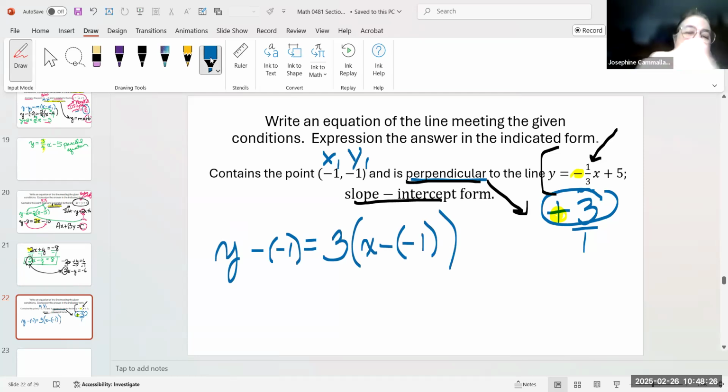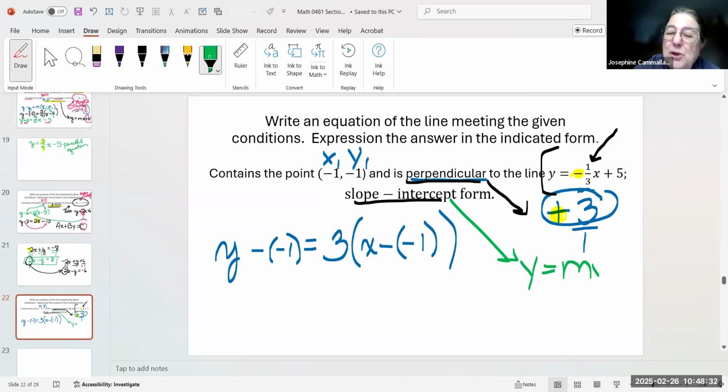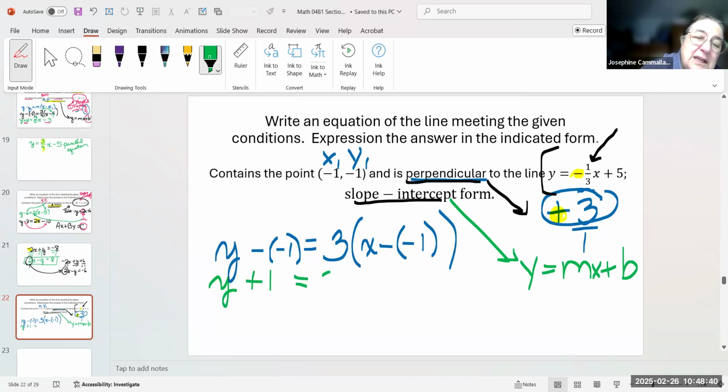Okay, slope-intercept is y = mx + b. y + 1 is equal to 3x. Now notice this is a positive 1 times 3.